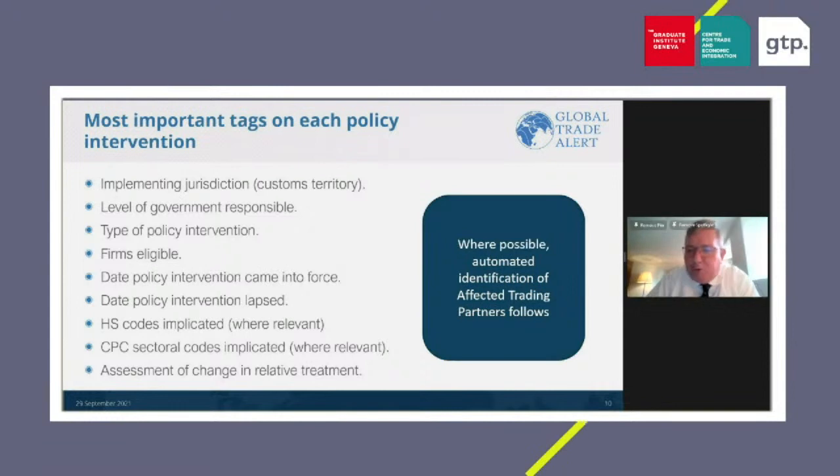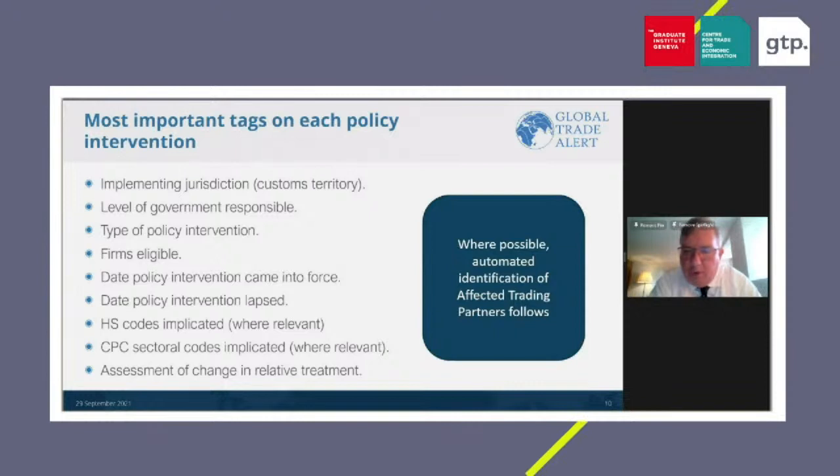And so we have developed protocols for identifying the affected trading partners in an automated fashion for trade in goods measures, trade in investment measures, trade in services measures, and migration measures as well. And all of that is automated. It turns out it's very important to automate it because different trade policy analysts may not follow the same procedure when identifying affected trading partners, and this is clearly a form of inconsistency we want to avoid.